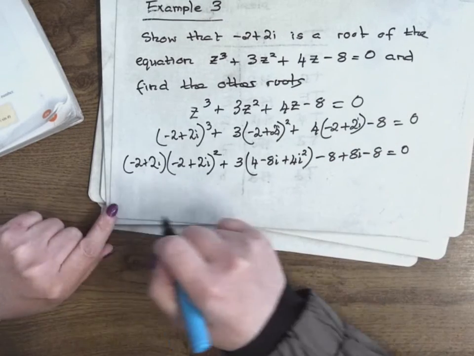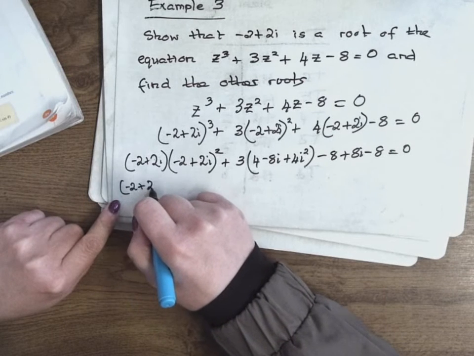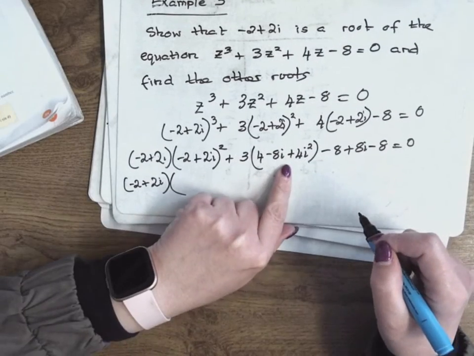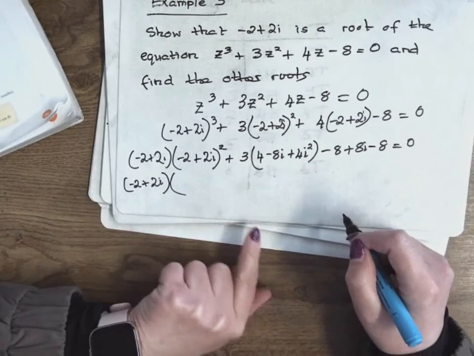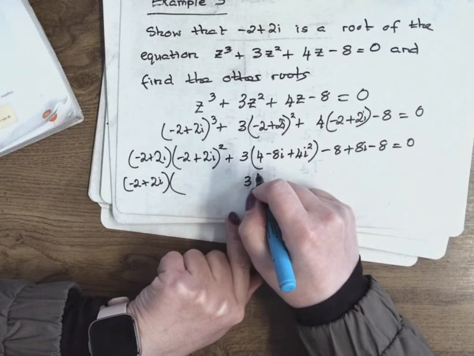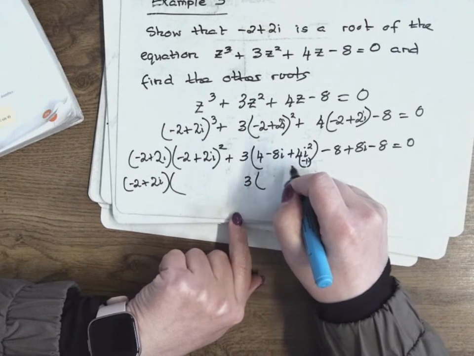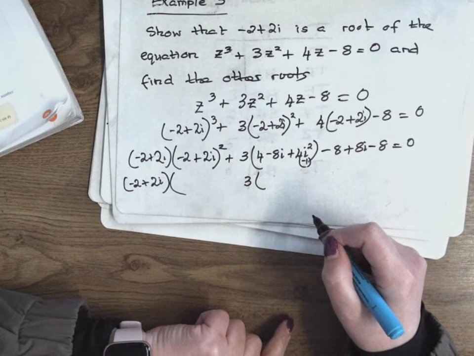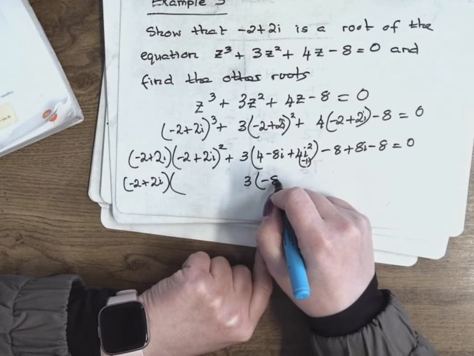Then minus 2 plus 2i multiplied by, look, I've squared it already, don't I? You know the way when I sort this out, that'll become a minus 1. So what will that whole bracket become? Just minus 8i, isn't it?